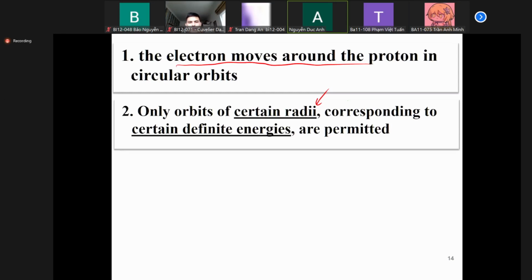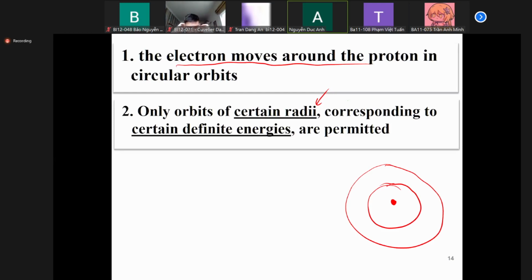When the electron only moves around the nucleus at a certain distance like that, it means that electron will have a certain definite energy. You can imagine you have a nucleus here. The first electron is moving around like this. The second electron is moving around like this, at a higher distance from the nucleus than the first one.